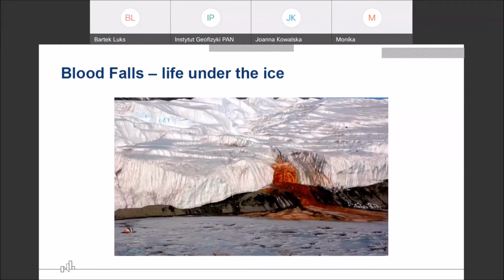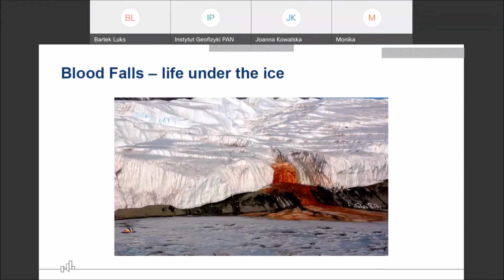One of the extreme environments is Blood Falls in Antarctica, in McMurdo Dry Valleys. And as you can see in the picture, this is a waterfall that flows out from the Taylor Glacier.